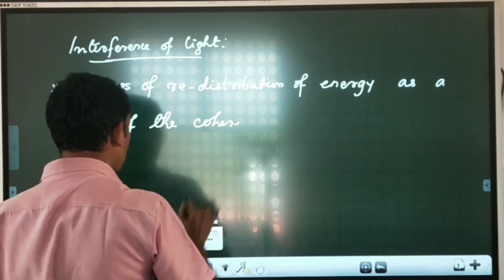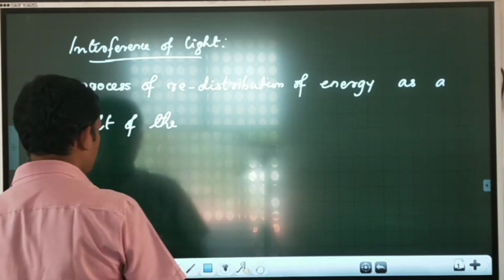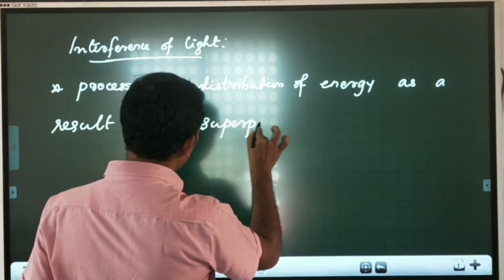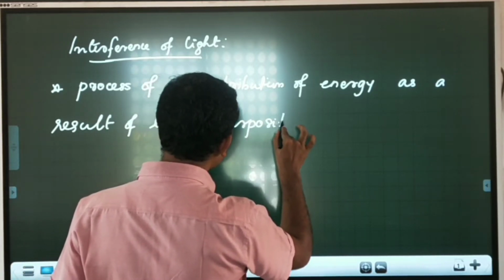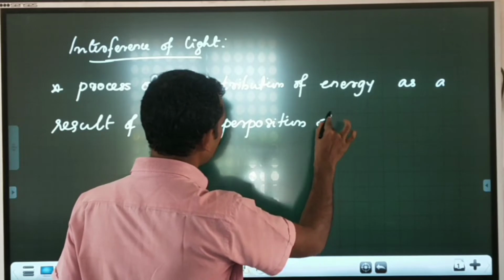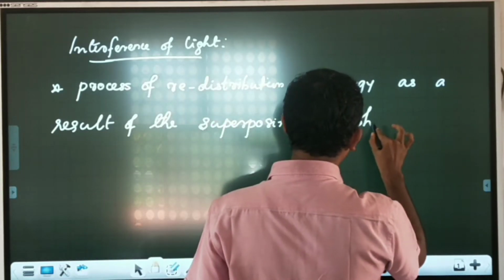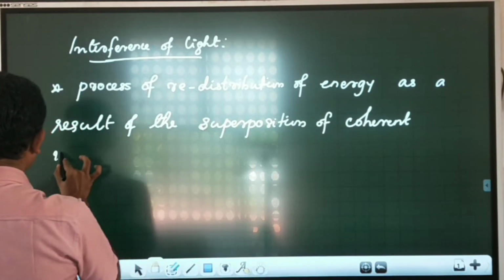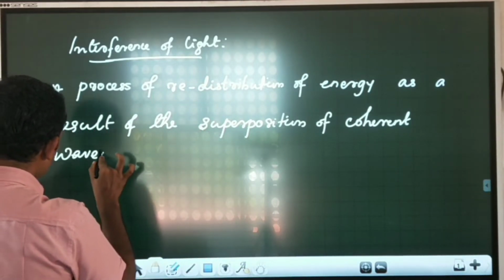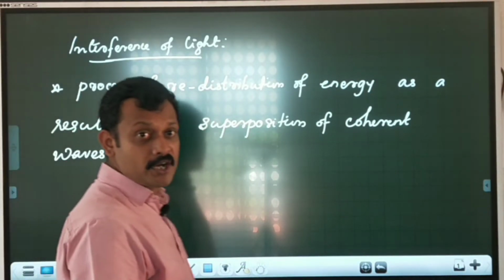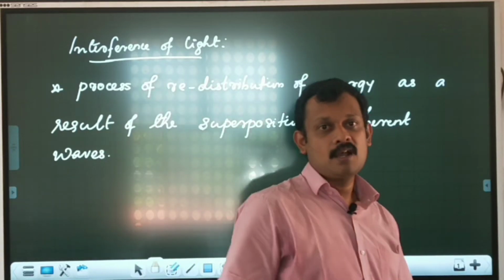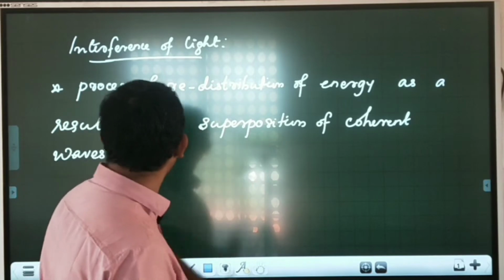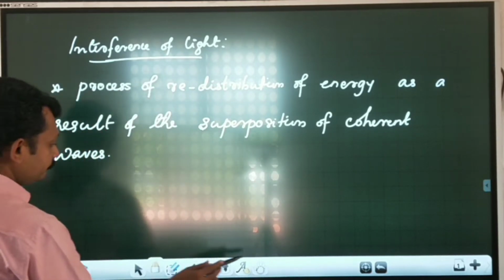As a result of the superposition of coherent waves, that is what we will write. The process of redistribution of energy as a result of the superposition of coherent waves.